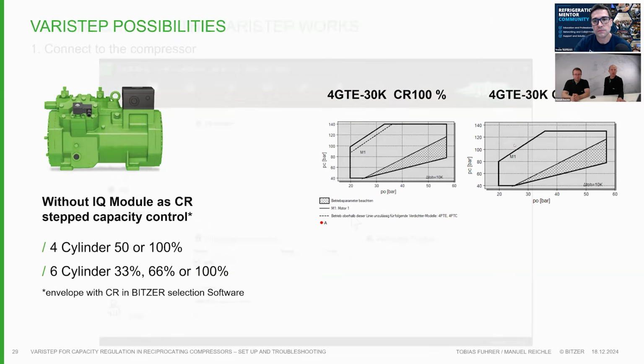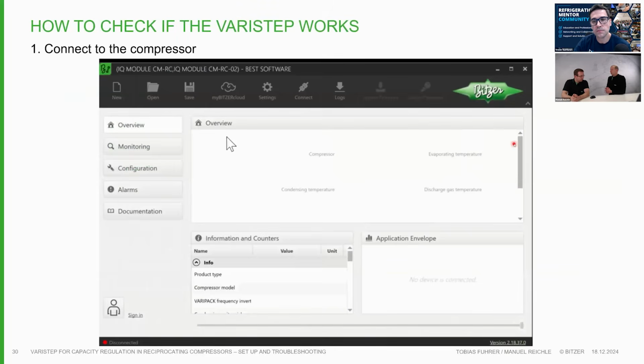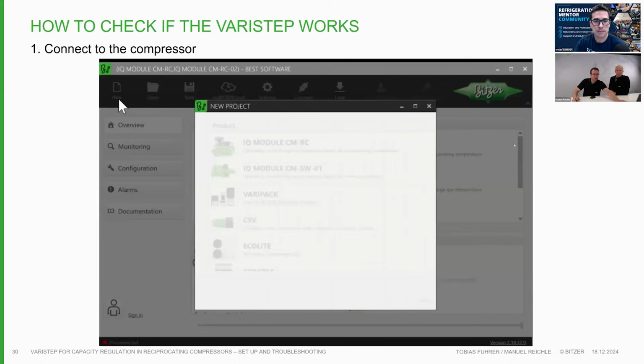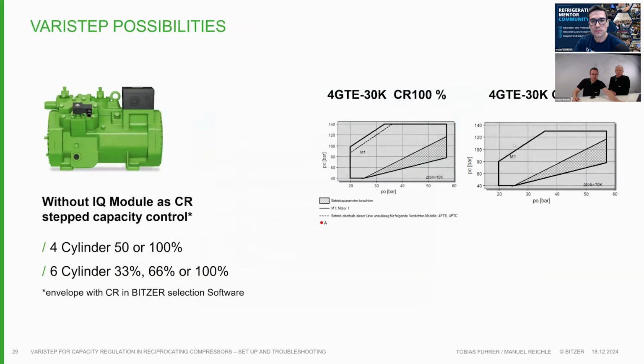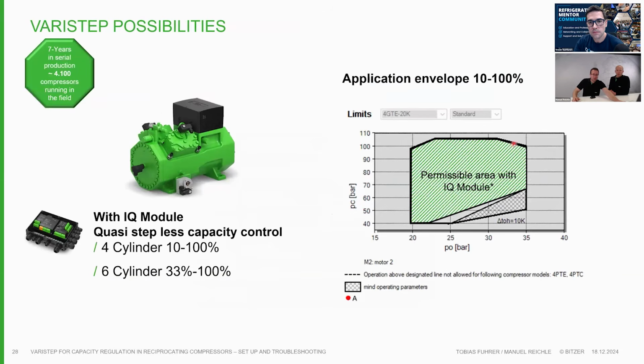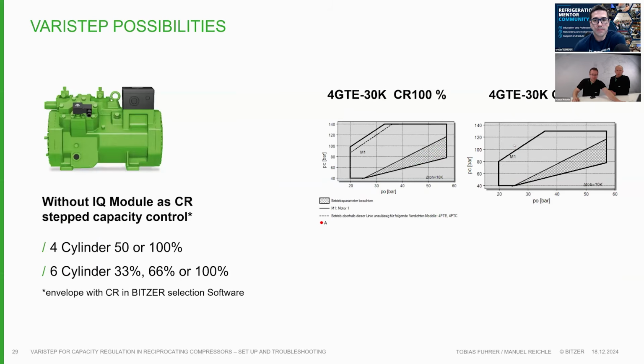It's more something for heat pumps. In this configuration, it's possible to run it also without the IQ module in the 50 or 100% execution. But for the area of stepless control, the IQ module is mandatory to protect the compressor.